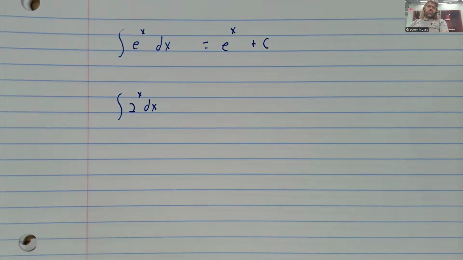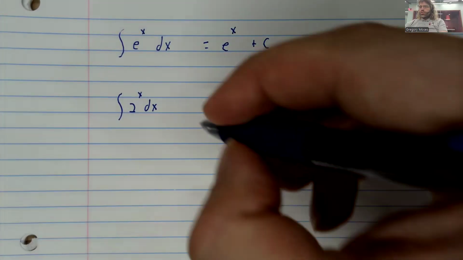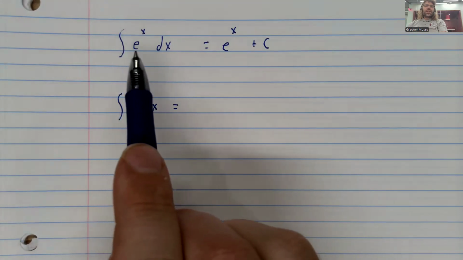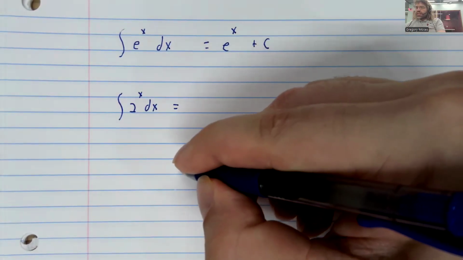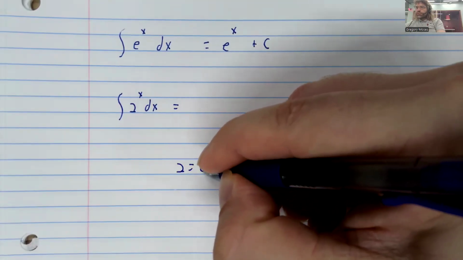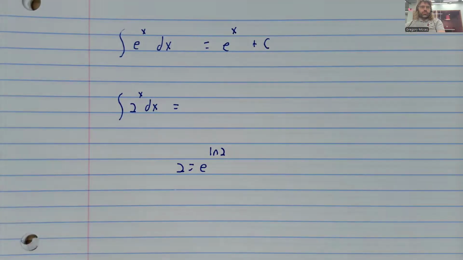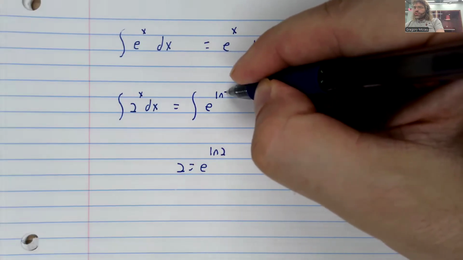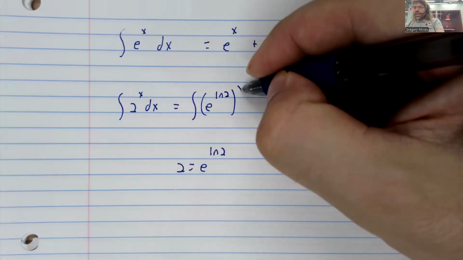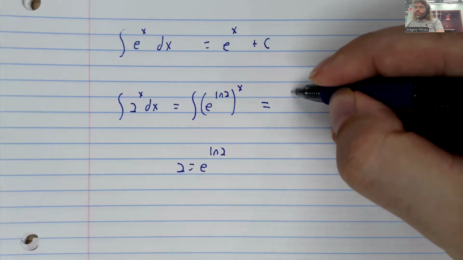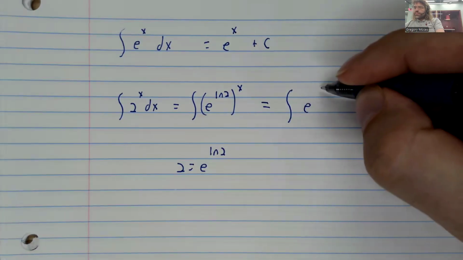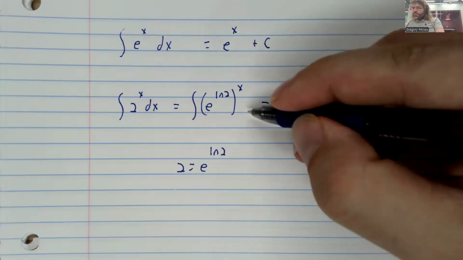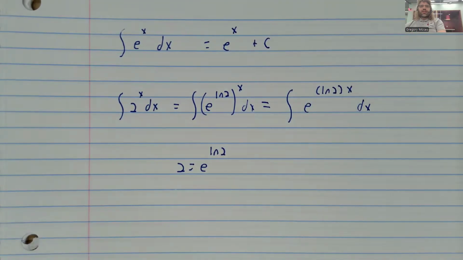This is not an integral we've learned, but something I did tell you is that any exponential function can be rewritten to have e as its base, using the fact that 2 can be rewritten as e to the natural log of 2. 2 to the x is e to the ln 2 raised to the x, so this is the integral of e to the natural log of 2 times x dx.